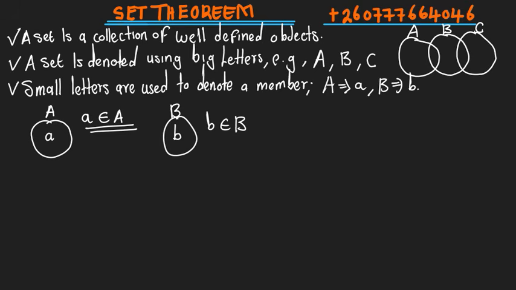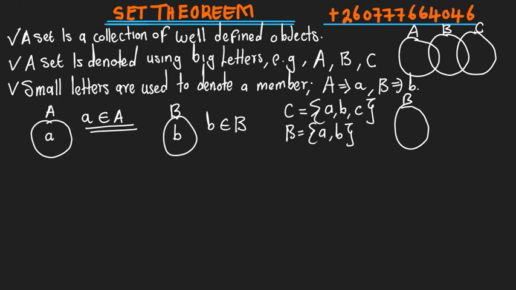But if we have a set C, such that this particular set contains A, B, C, okay, and then we have a set B such that this set contains A, B, then we say that this set B contains the elements A, B, okay, then this set C contains the elements A, B, C. So if we are to use this operation here, we can say that A, B, are members of both set C and set B, but C is not a member of set B. Okay?